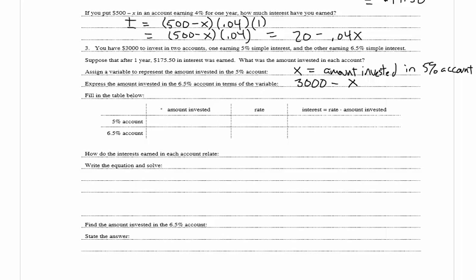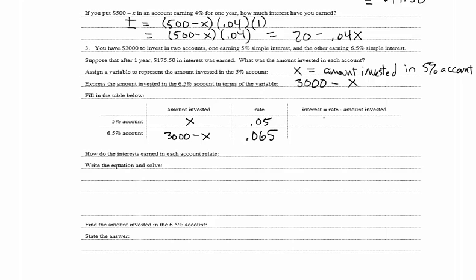And now we want to fill in our table. So we have X amount invested in the 5% account, and we have 3,000 minus X invested in the 6.5% account. In the 5% account, our rate is 0.05. And in the 6.5% account, we have a rate of 0.065.